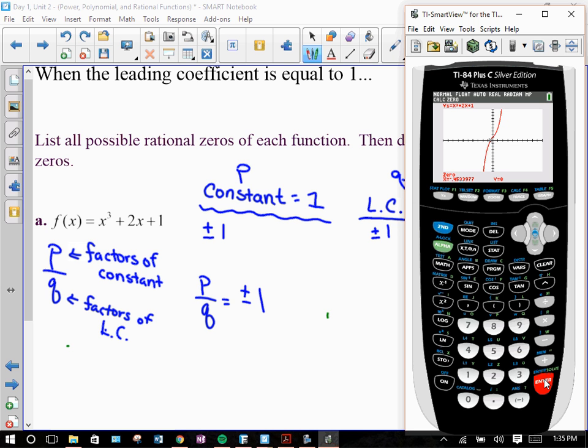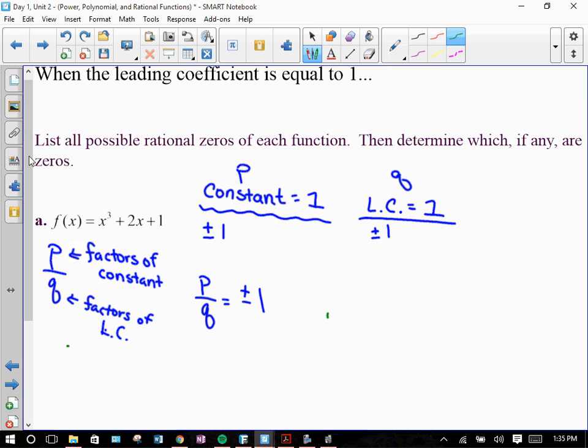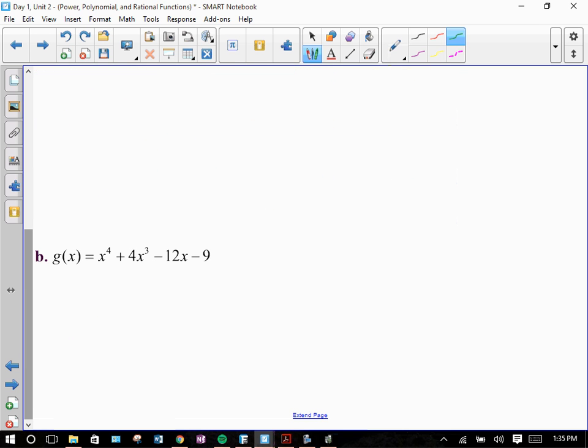So let's look at another problem down here. I want you guys to sort of walk me through it. What do we want to do? We want to figure out what the potential rational zeros are that we could have.